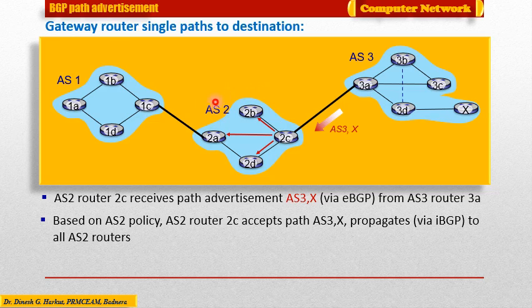As per the policy of AS2, it propagates this AS3 X path to all its internal routers over the iBGP session internal to autonomous system 2.